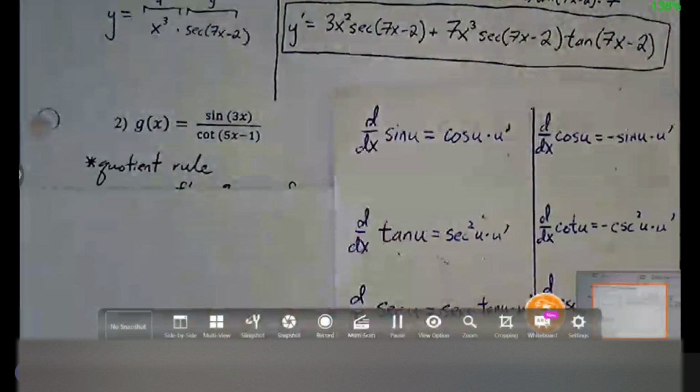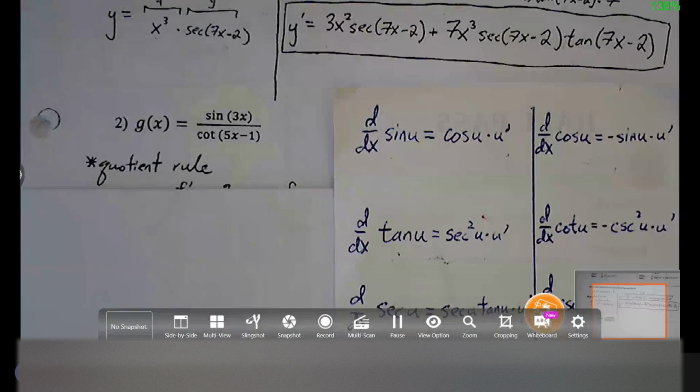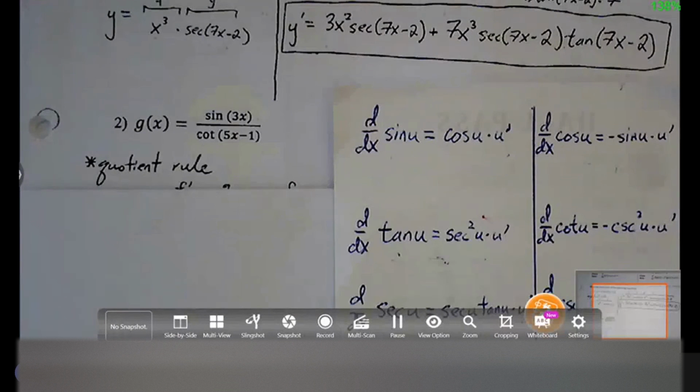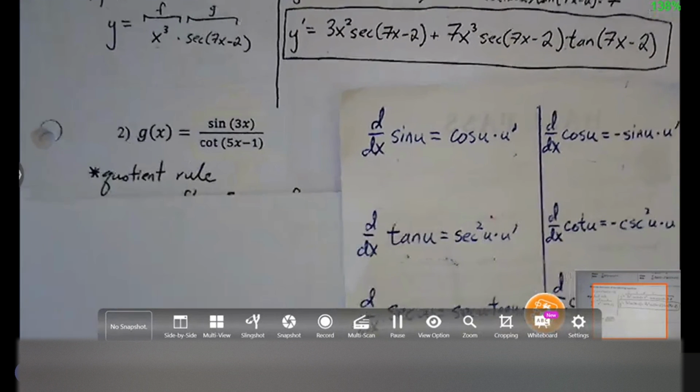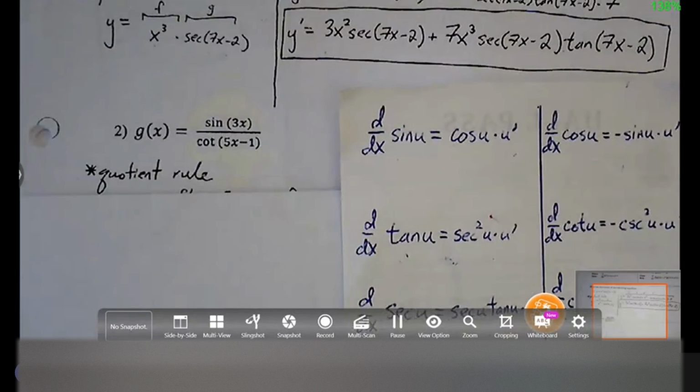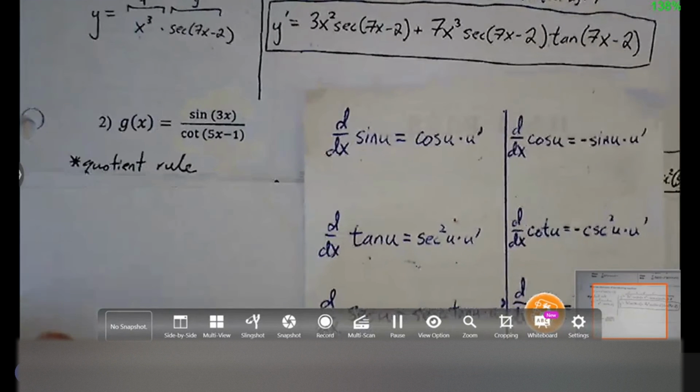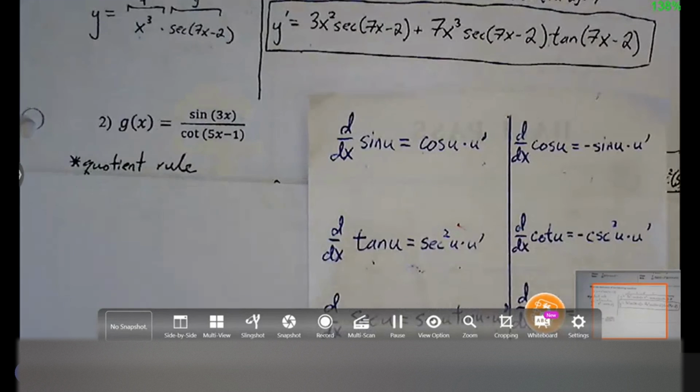But if it's free response, any version is fine. Okay, number 2, your derivative will look a little messy, but that's okay as long as you have some version of the derivative.